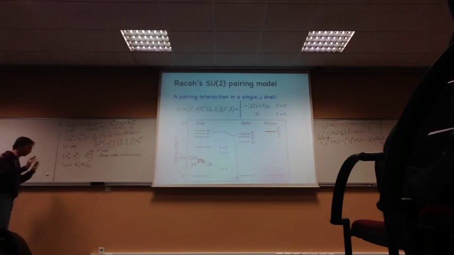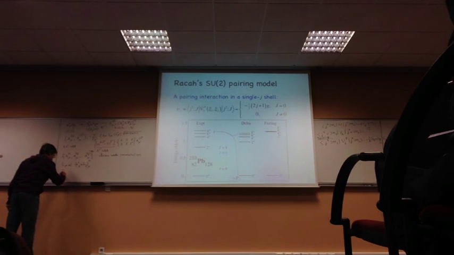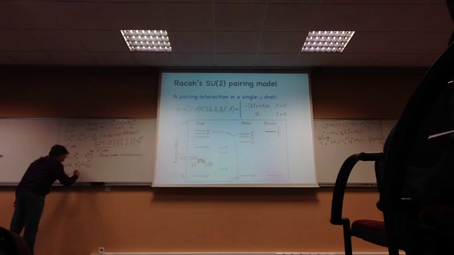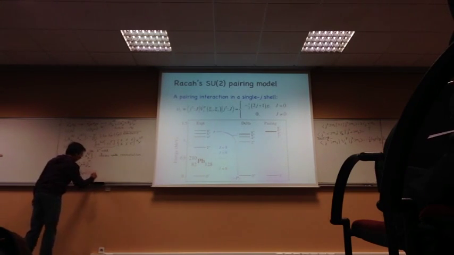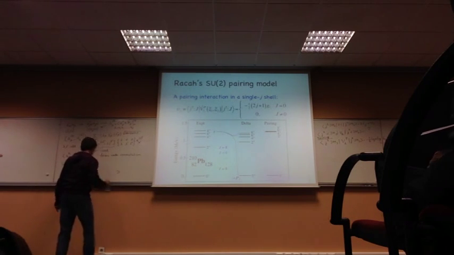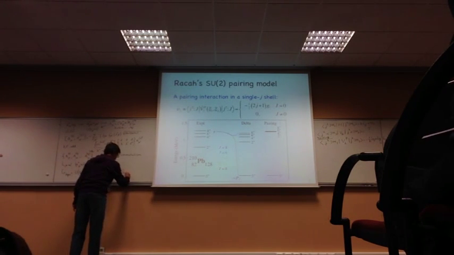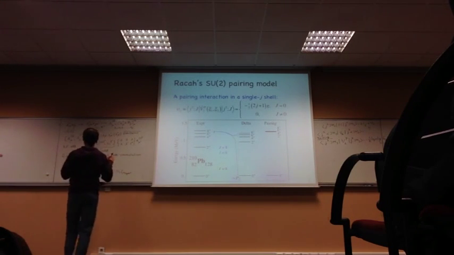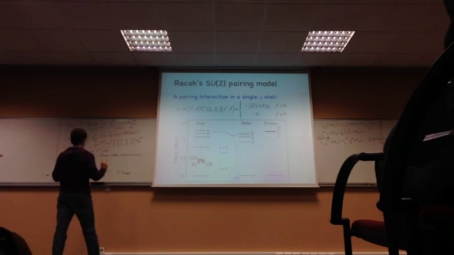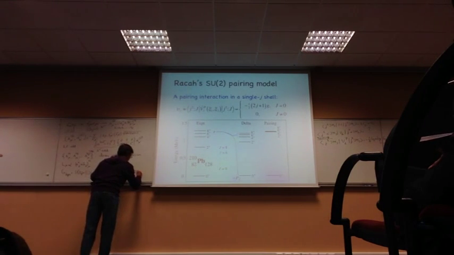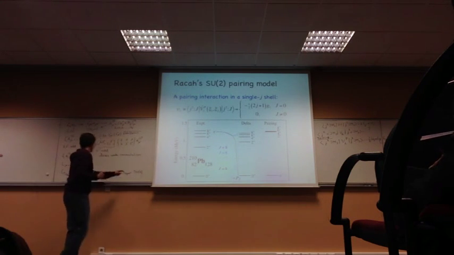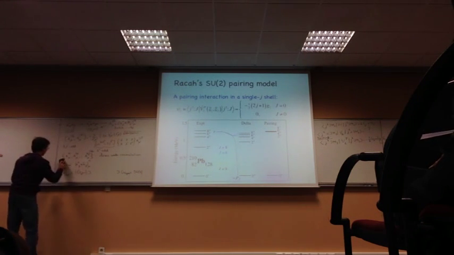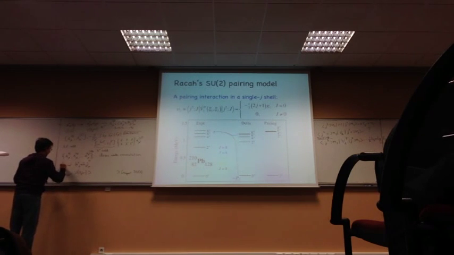So what we have done now, remember our terminology, we had a dynamical algebra, because in this case it is U(2j+1). We wanted to go in some way to a symmetry algebra, which is SU(2). The angular momentum, I should put here J. This is the notation.